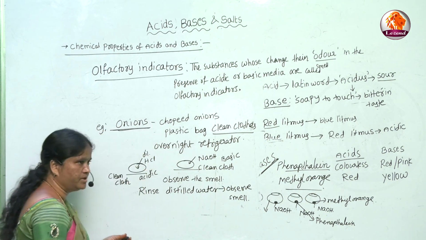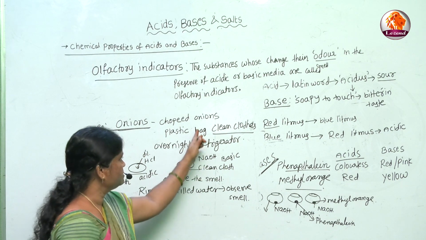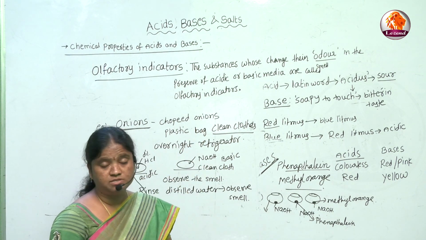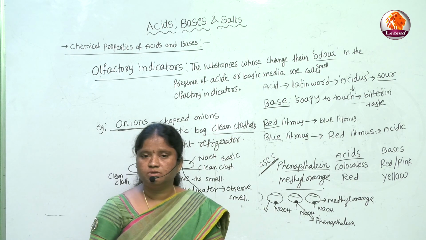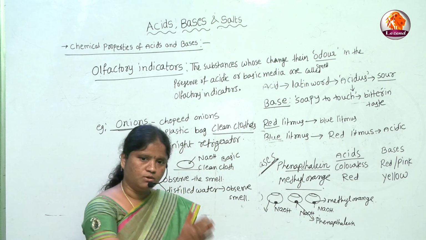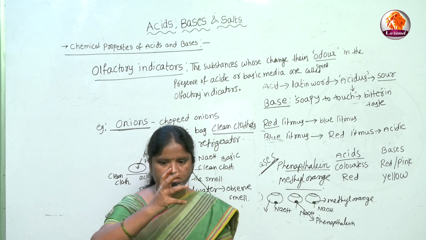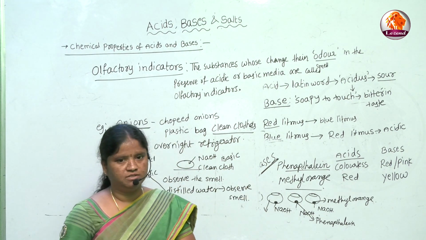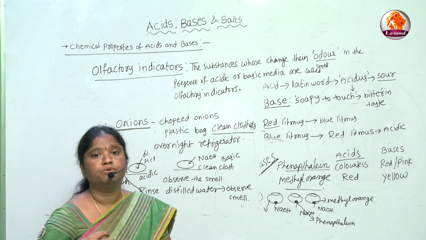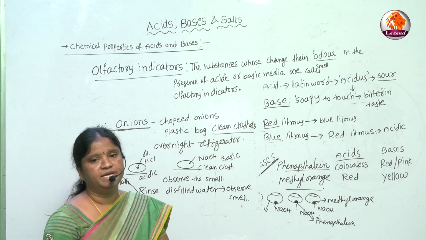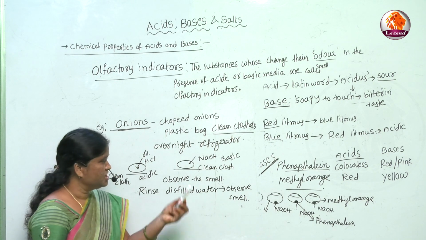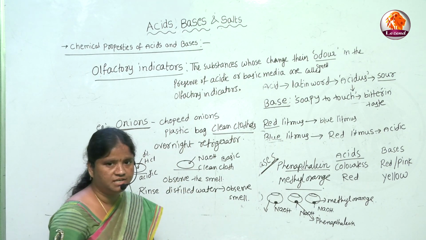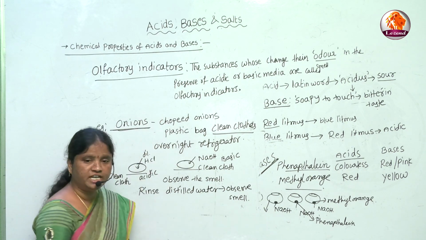If we do not keep the clean cloth with onions, it does not change its odor with acid or basic medium. When kept with onions, the odor of the onions transfers to the cloth, so it works as an indicator. That's why we call them olfactory indicators.